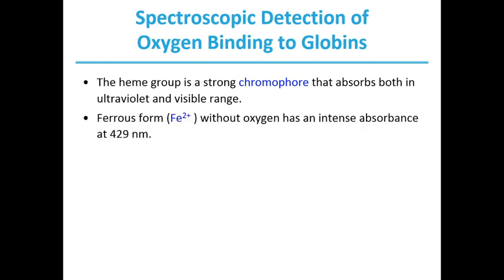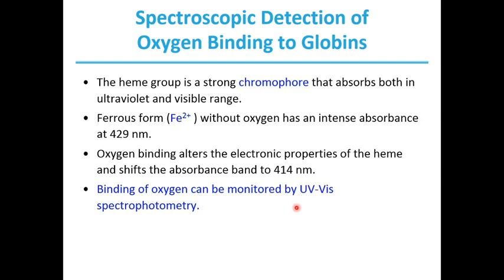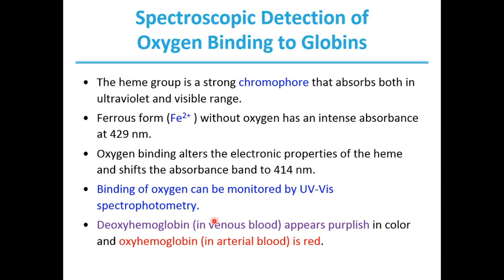The ferrous form, or Fe2+, without oxygen has an intense absorbance at 429 nanometers, whereas oxygen binding alters the electronic properties of the heme and shifts the absorbance band to 414 nanometers. Binding of oxygen can be monitored by UV-visible spectrophotometry. Deoxyhemoglobin in venous blood appears purplish in color, whereas oxyhemoglobin in arterial blood is red in color.